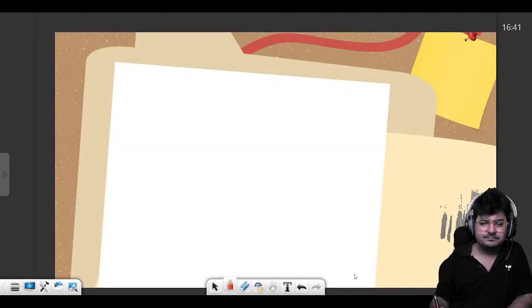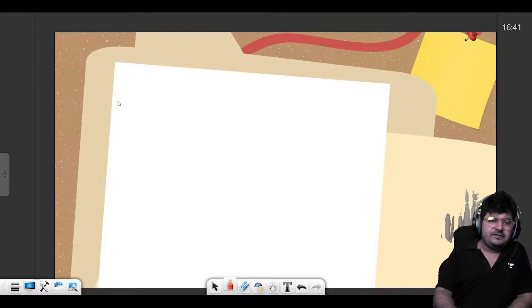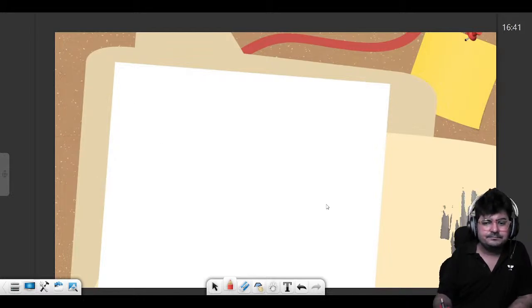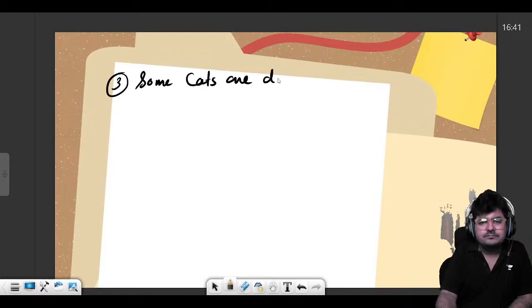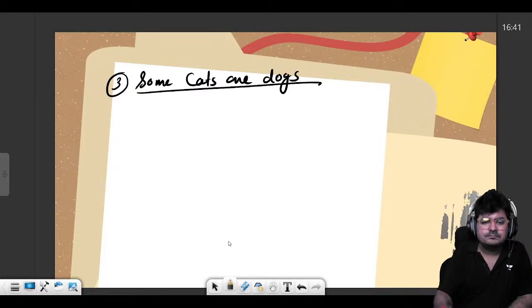Third, if they say some cats are dogs, so this is the circle for the cat.